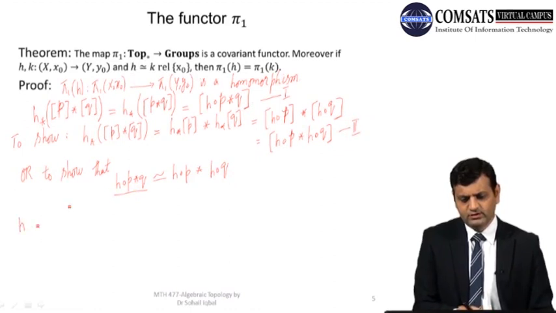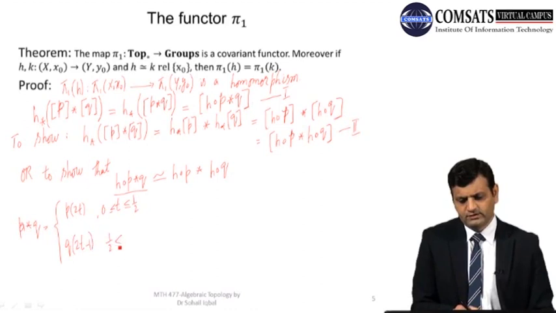We are applying h on P star Q. So what is P star Q? P star Q is equal to P of 2t, where t lies between 0 and 1/2, and Q of 2t minus 1, where t lies between 1/2 and 1.